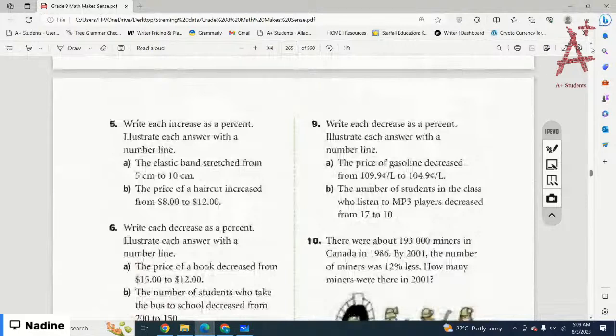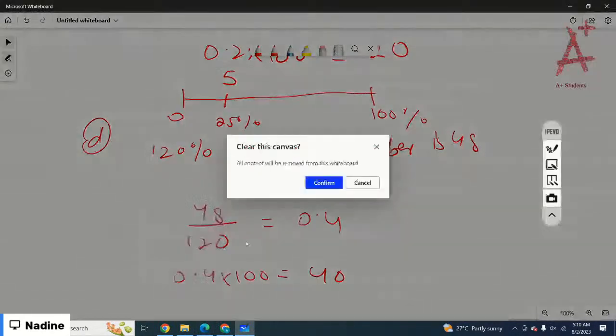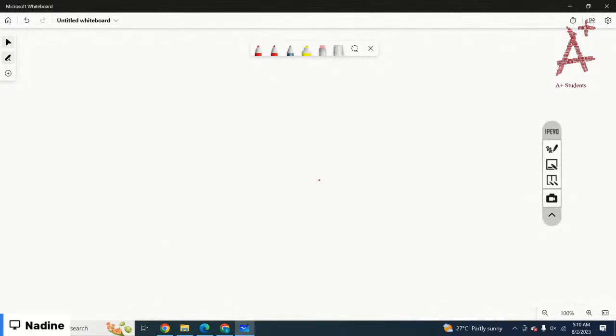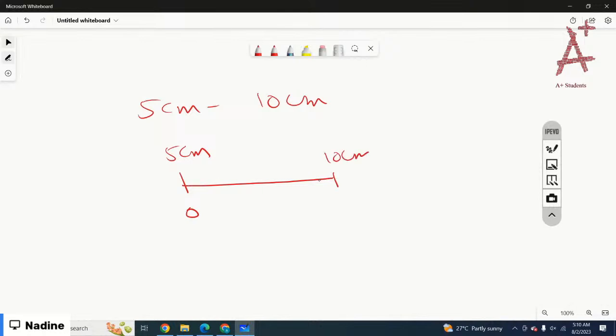So you have to write each increase as a percent and illustrate each answer with a number line. At 0 it is 5 centimeters. When you stretch, it is at 10 centimeters, doubled from 5 to 10. That means it is increased by 100%, right?